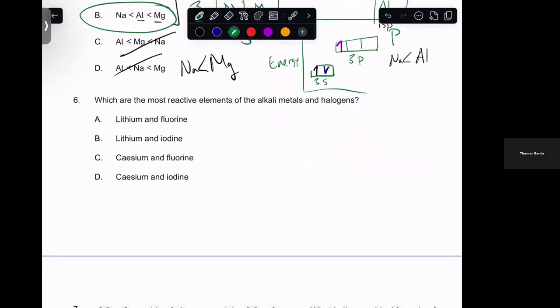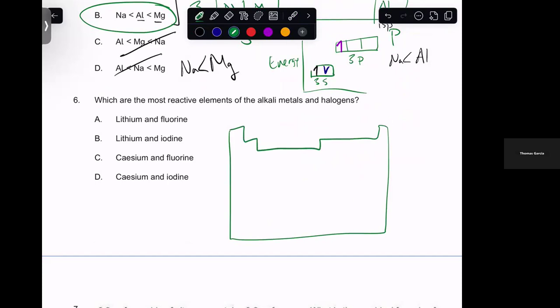All right, moving on to number 6. Which are the most reactive elements of the alkali metals and the halogens? Well, again, this is just periodic trends. If I just draw my periodic table, we generally have this trend where up and to the right, we have more reactive nonmetals, and down and to the left, we have more reactive metals.